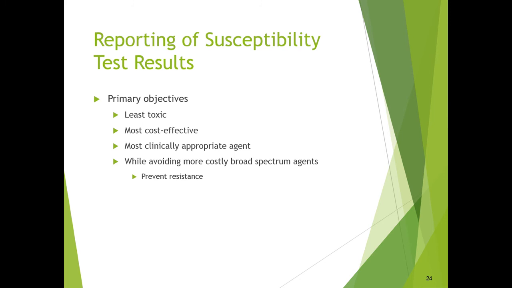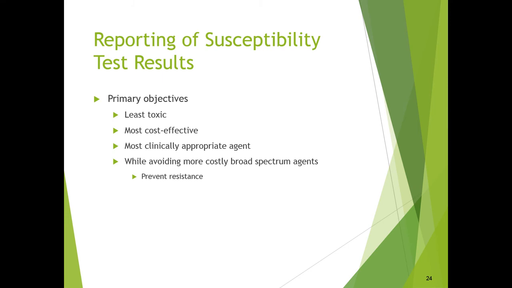There's a lot in your textbook about how to report sensitivity results, and we're not going to go into depth about that. But your primary objectives at any clinical site is to report the least toxic antibiotics, the most cost-effective antibiotics for the patient. You would rather test against an antimicrobial that might be $50 a bottle as opposed to something that's $300 a bottle.